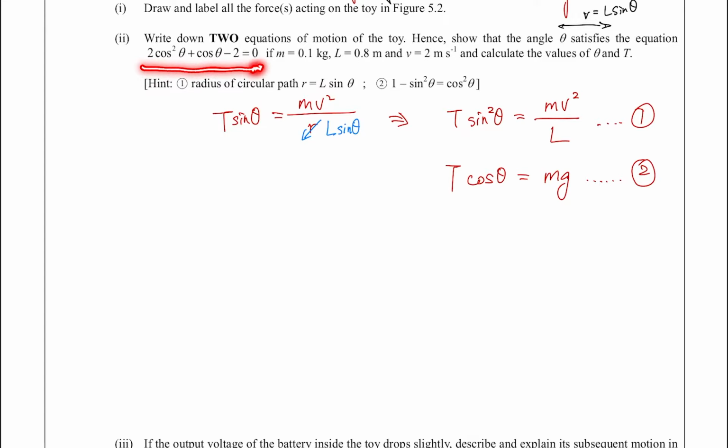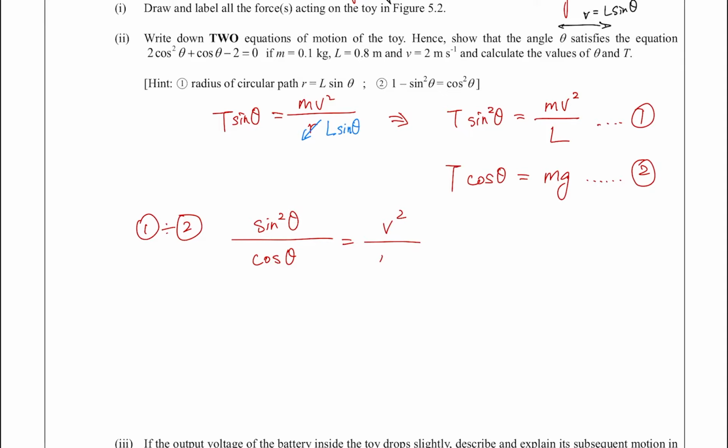And so now I am going to prove that this equation comes from these two equations. So we have equation 1 and 2. As a normal practice, we'll try to do equation 1 divided by equation 2 and see what we'll get. Because the T divided by T will cancel out, what we have on the left hand side is sine squared theta over cosine theta.